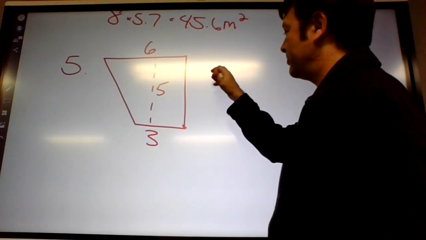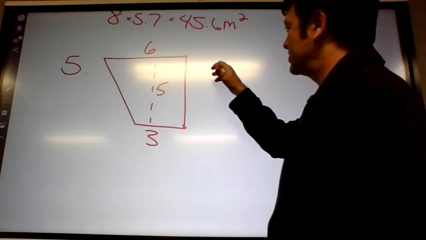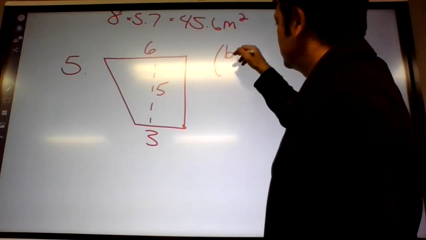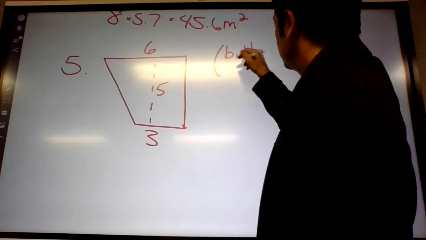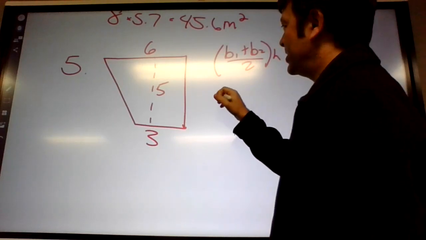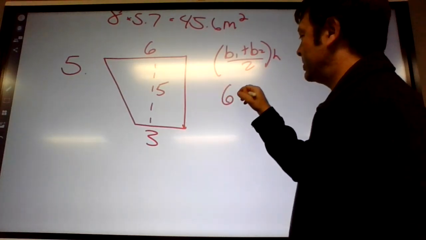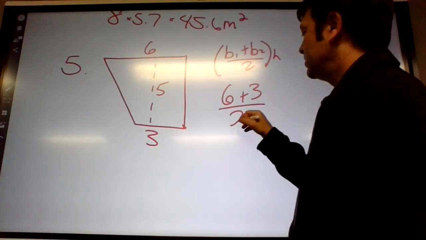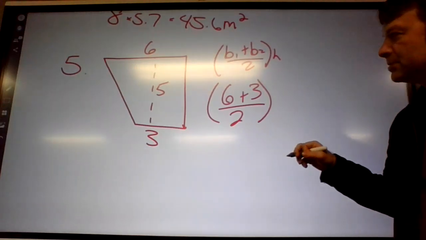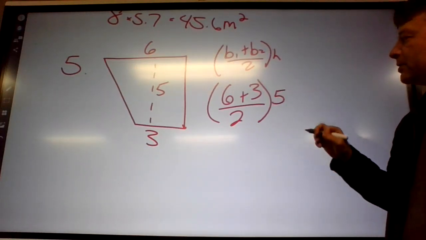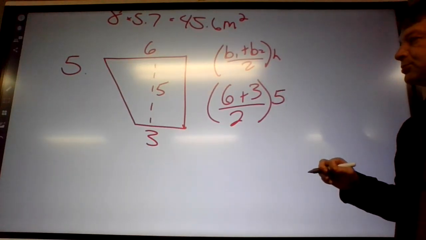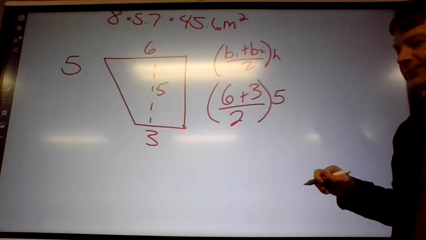You might have written it down, but it's the average of the bases times the height. So the bases are 6 and 3. So we would do 6 plus 3 divided by 2 times the height. And that's it.